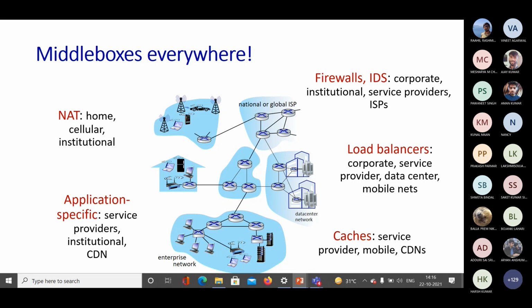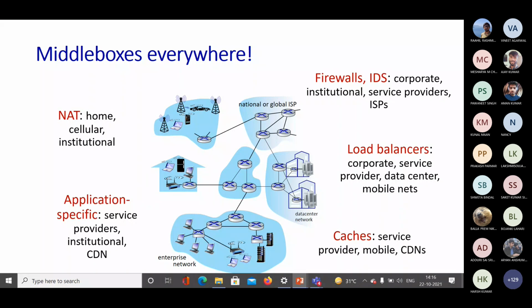Okay. So on the whole, if you want to know what a middle box is, the basic concept is that it is simply a device lying between a source and a destination pair, or a number of sources and destination pairs, and the device supports actions which are different from those of a router.